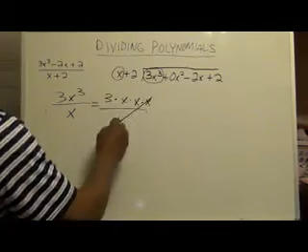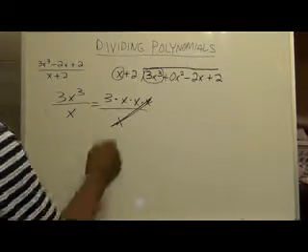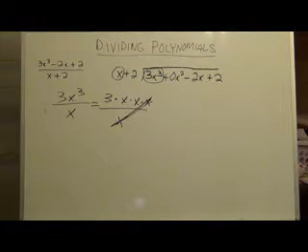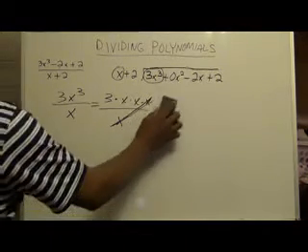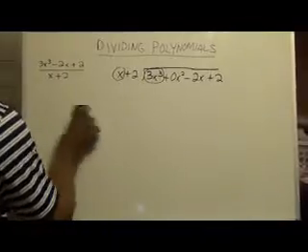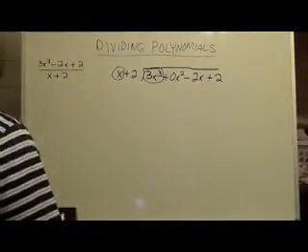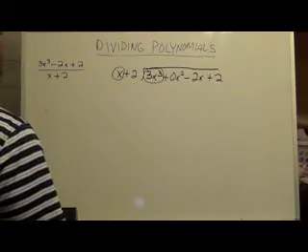And then if we take those two x's out, we're left with 3x squared. So x goes into 3x cubed 3x squared times.